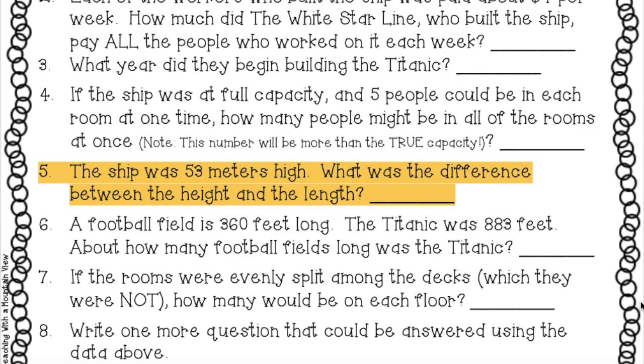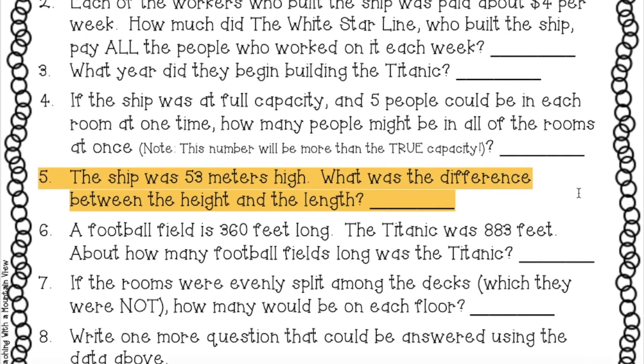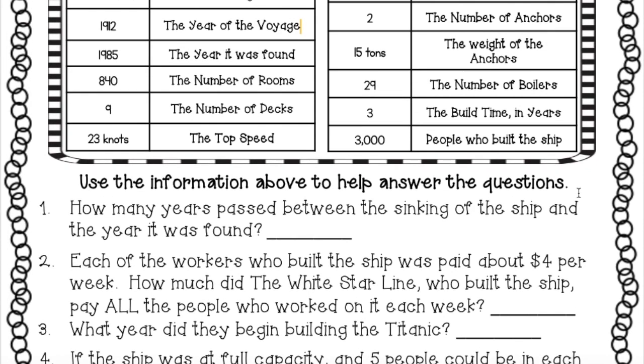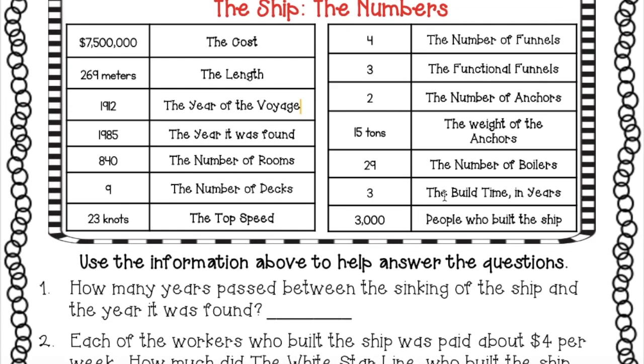And we can remember that when we're looking for the difference of two numbers, that means we're going to subtract. So what we need to figure out is the length. We're going to look at our data in the chart above and figure out the length of our ship. So right here, the length is 269 meters.